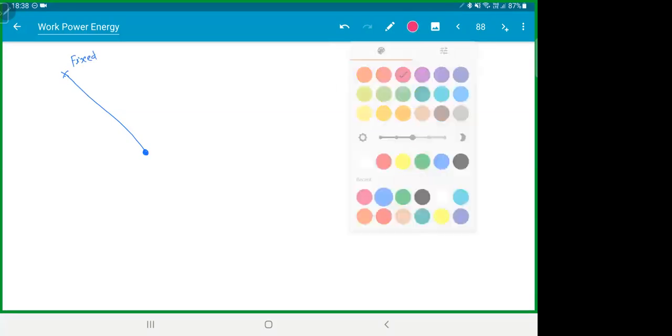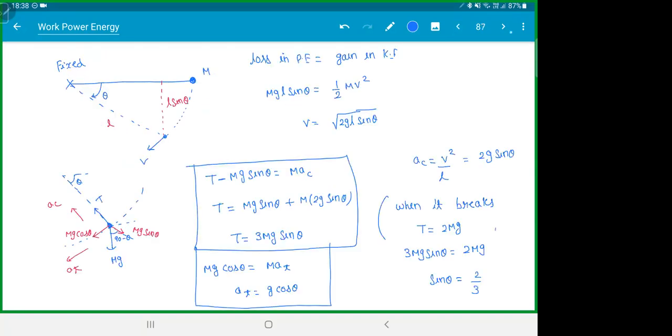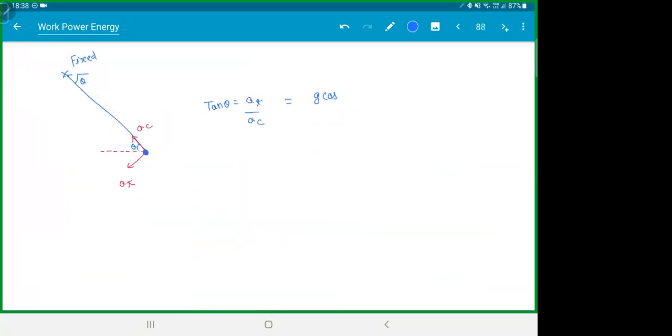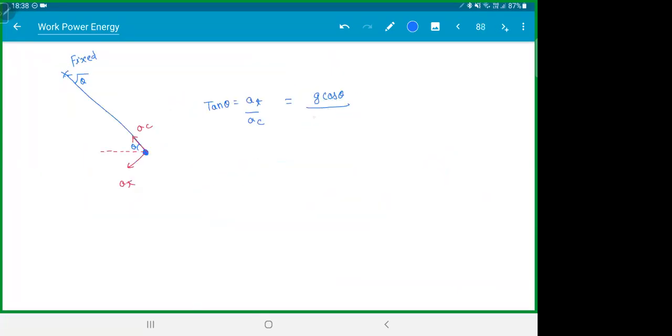At any instant here, if you look at the acceleration, this is centripetal, this is tangential, and you want this to be horizontal. So this is theta, so this is also theta. So we get tan theta is equal to the opposite side, a tangential by a centripetal. And what is a tangential? g cos theta. And what is this? 2g sin theta. So we get tan square theta is equal to half.